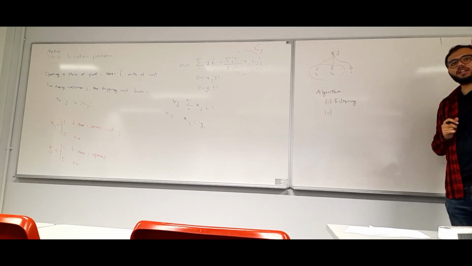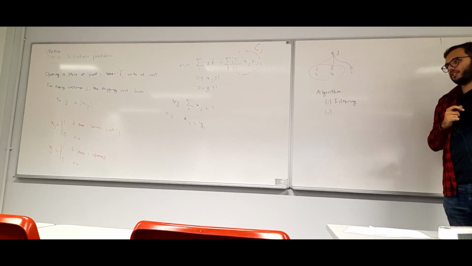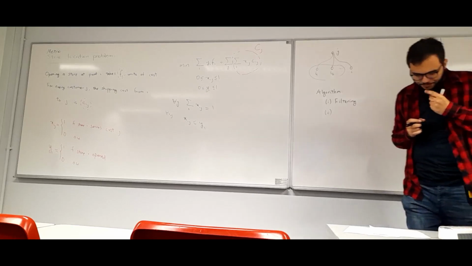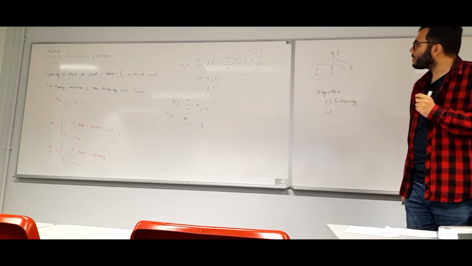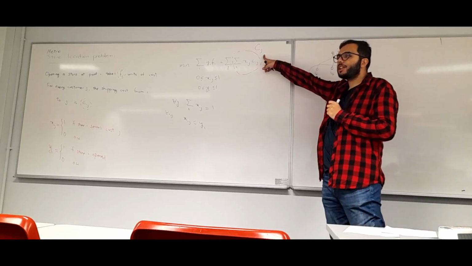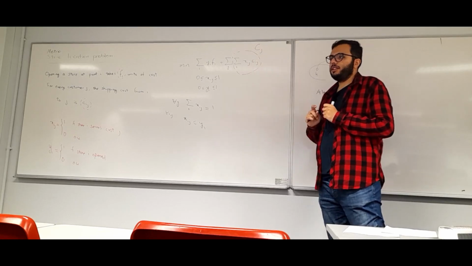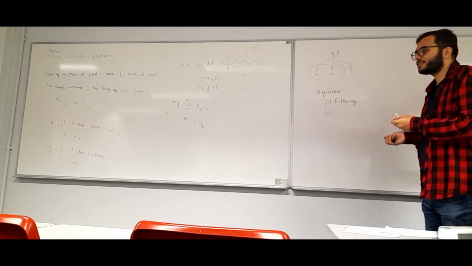And I said that the way I can do this is just take one customer and see which stores are serving this customer. But actually, I'm going to take this customer, but I'm going to take the customer that has the smallest cost, the smallest CJ in my LP. And you will see why I'm doing this when you see the analysis.